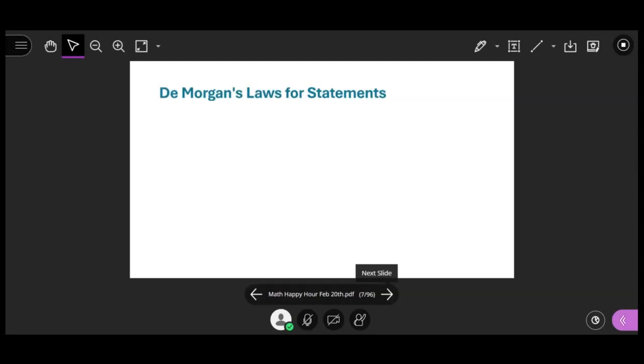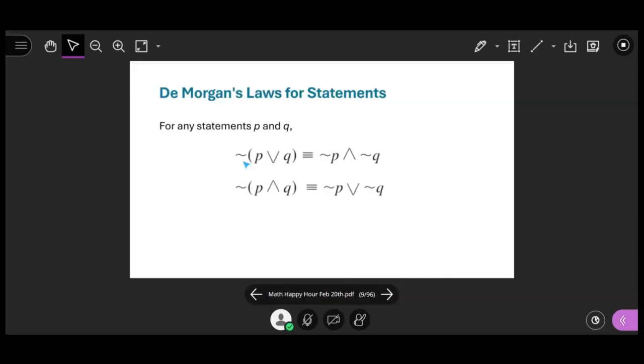To show equivalence, we also have something called De Morgan's laws. What De Morgan's law says is that for any statements P and Q, the negation of P disjunction Q is equivalent to negation P conjunction negation Q. Notice here that the negation symbol almost seems like a negative, right?